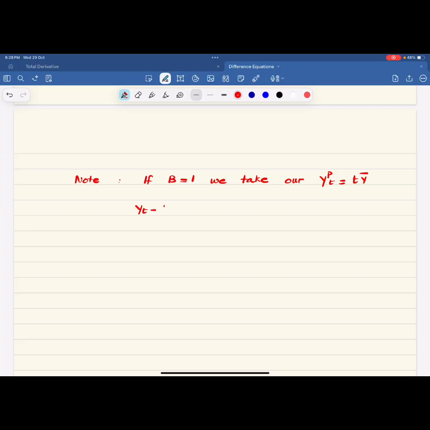y_t minus beta y_{t-1} equals g becomes t y bar minus beta (t minus 1) y bar equals g, and therefore y bar equals g over t minus beta (t minus 1).